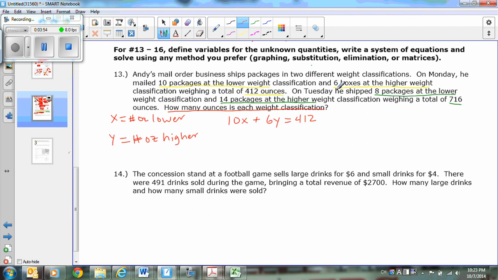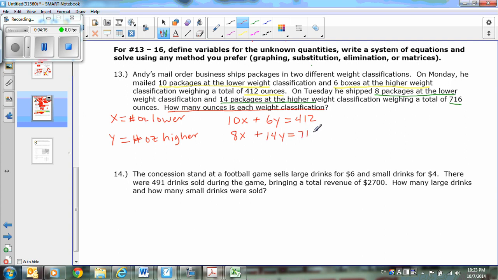So 8 packages at the lower weight classification would be 8x for the total weight there, plus 14 packages at the higher weight classification, that would be 14 times y, and then the total weight for both of those groups of packages would be 716 ounces.